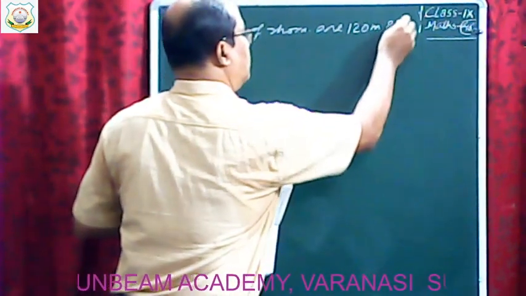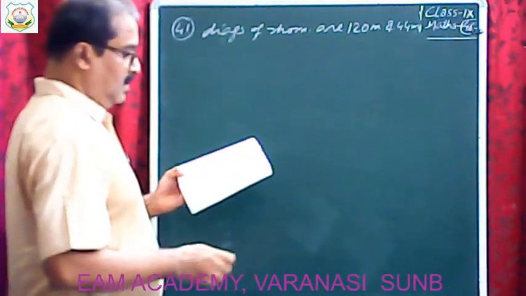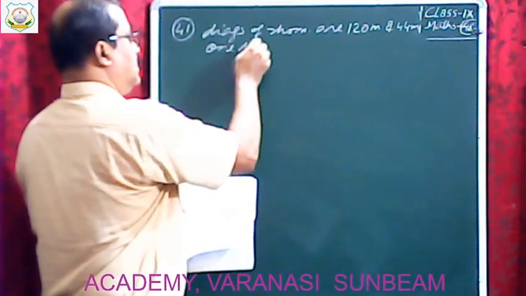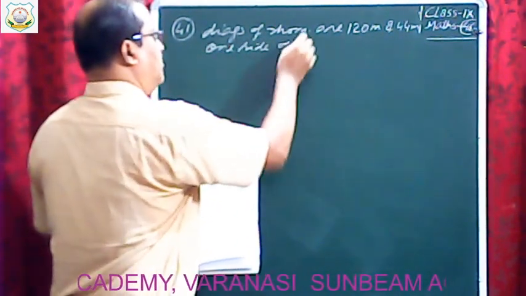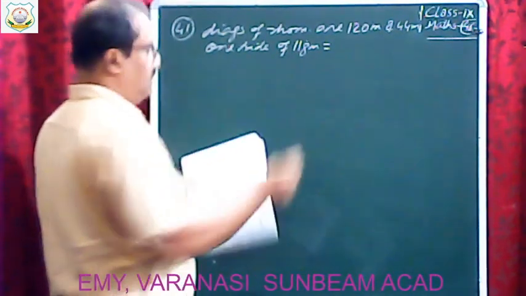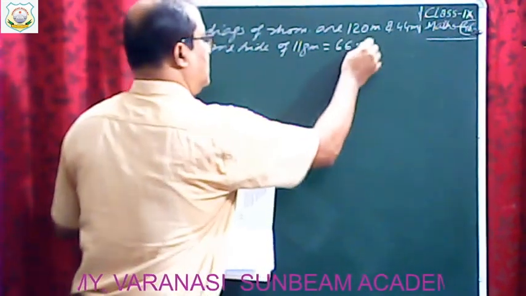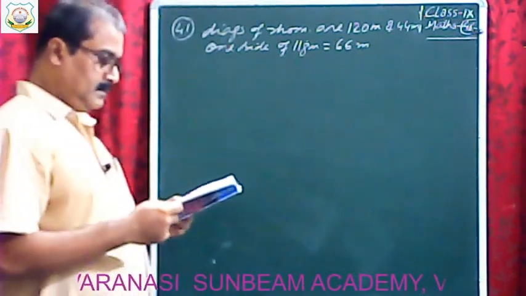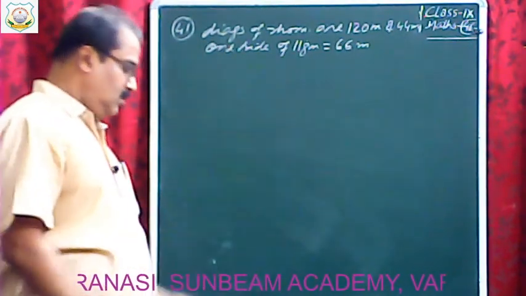Okay, one side of parallelogram, that is also given, that is 66 meters. Okay, we have to find corresponding altitude of the parallelogram.